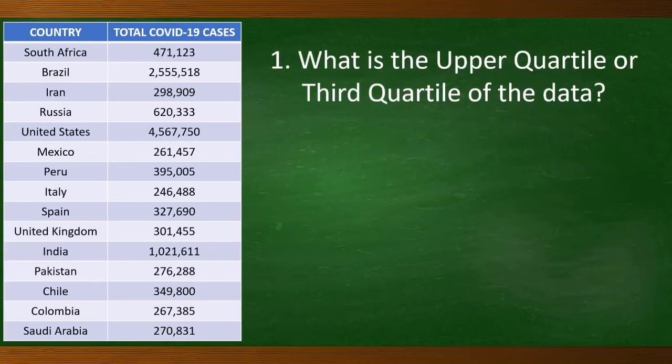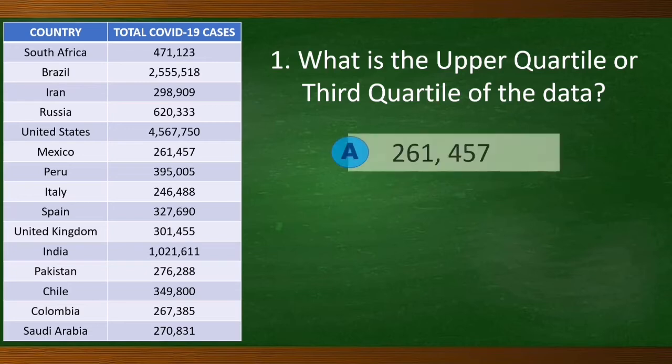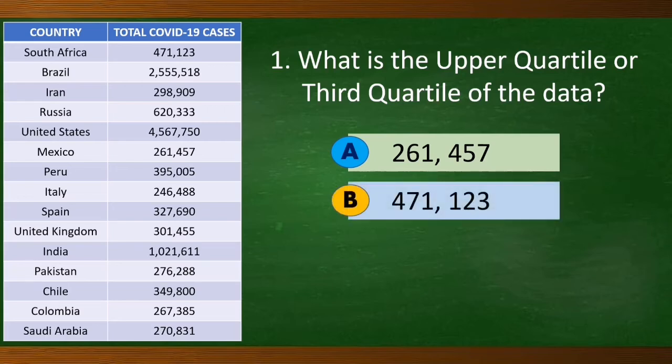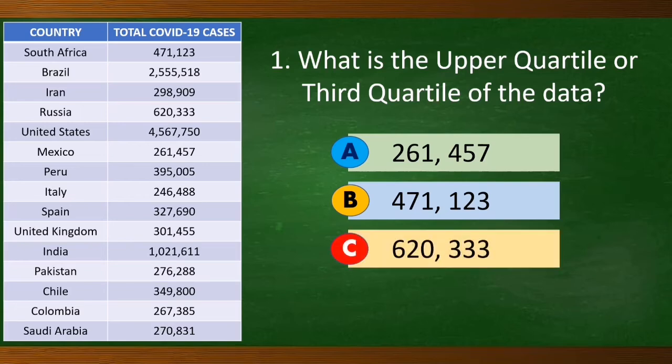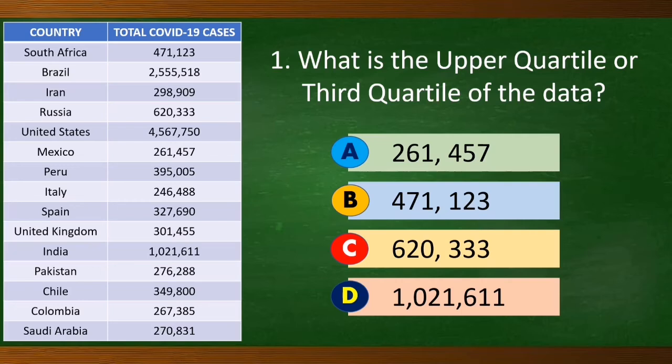Item number 1. What is the upper quartile or the third quartile of the data? A. 261,457. B. 471,123. C. 620,333. Or D. 1,021,611.